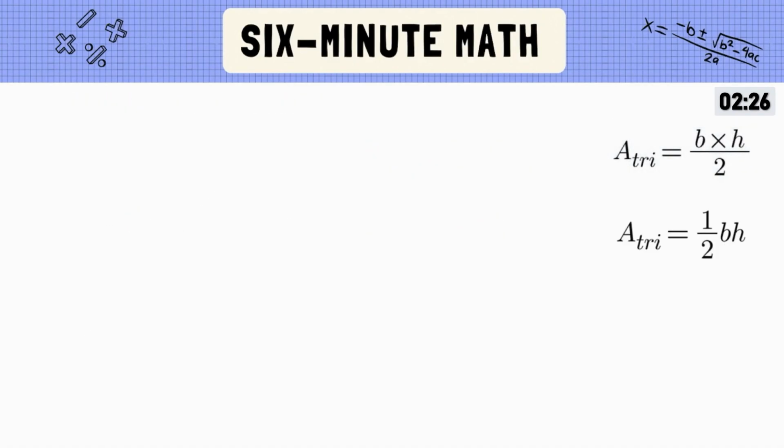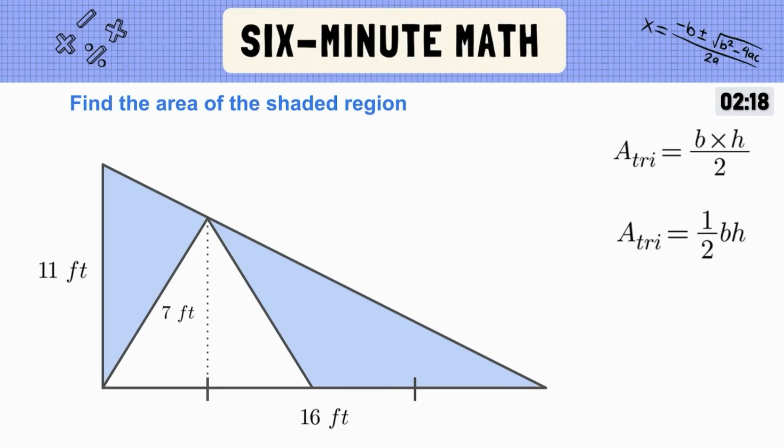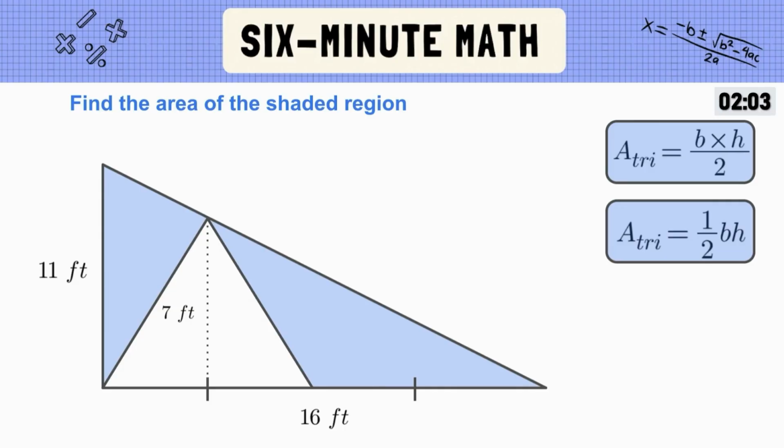On to our last example here. We are going to find the area of that shaded region, and I have two triangles. So I need to find the area of my big triangle and subtract the area of my small triangle. So let's find the area of that big triangle, and let's use that top equation to do that.